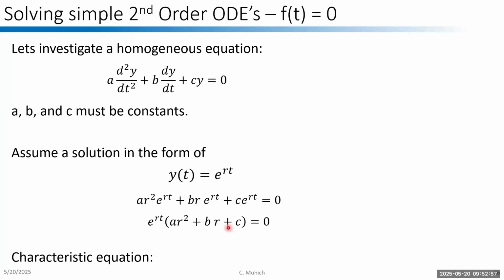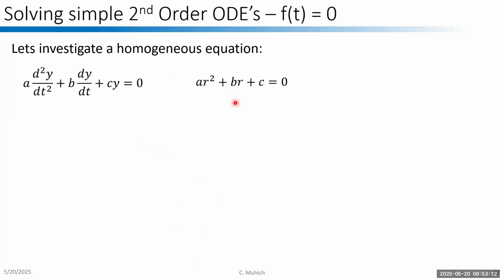We're going to call this our characteristic equation, because the equation will be true as long as this characteristic equation is equal to 0. How do we force this characteristic equation to be 0? Well, we can do that by finding the roots. What are the roots that force this equation to be 0? There are 3 possible solutions.